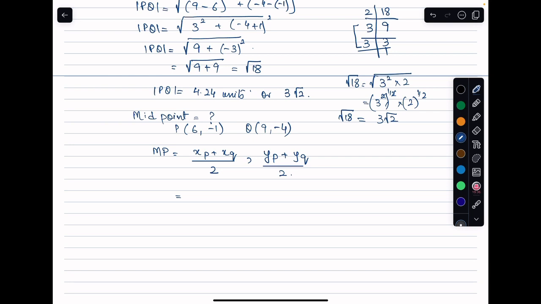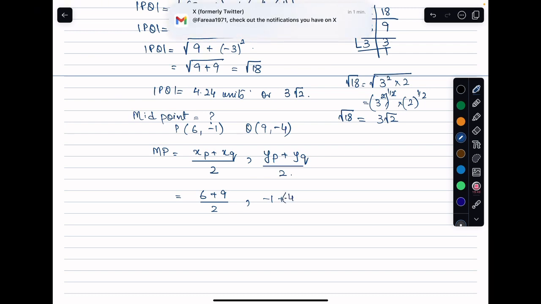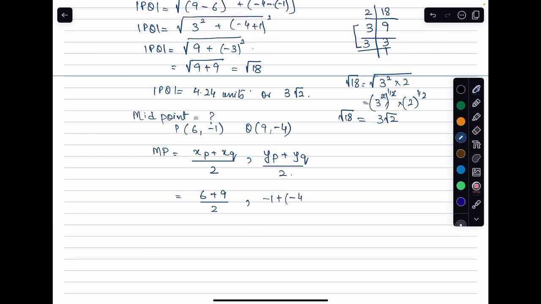So if I substitute these values, I can say that it's 6 plus 9 divided by 2, and negative 1 plus negative 4 divided by 2.